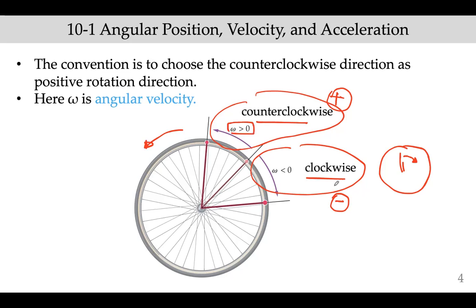If the wheel turns clockwise, then its angular velocity is negative. And here, omega is the angular velocity. It quantifies how fast this wheel rotates in this way or the other way. So from here, you can understand that it can be positive or negative, depending on if it's rotating counterclockwise or clockwise.